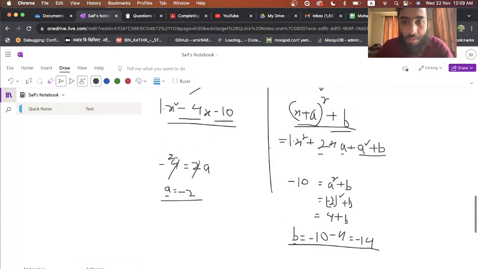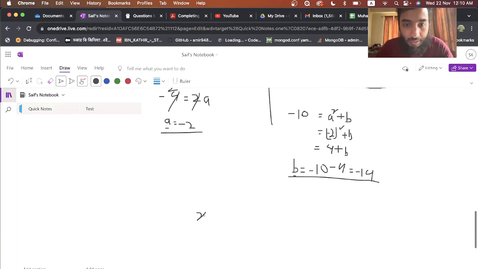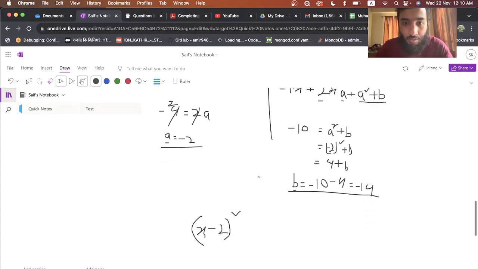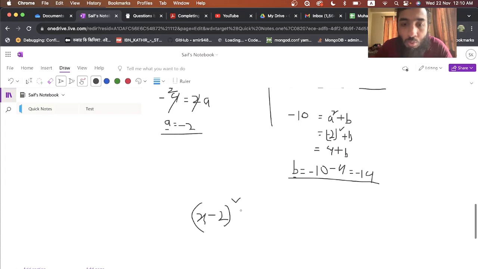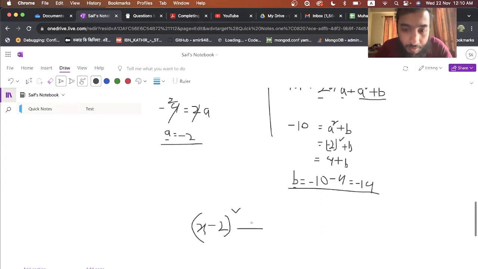So the equation would be what? x minus 2 whole square plus minus 14, alright, let me use the eraser. It will be directly minus 14.